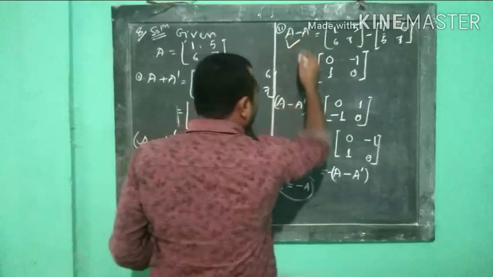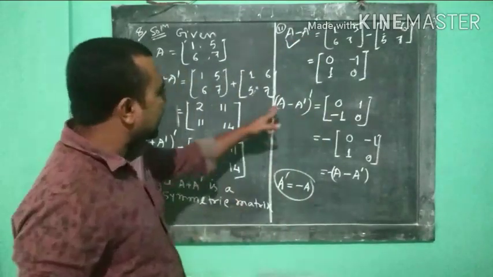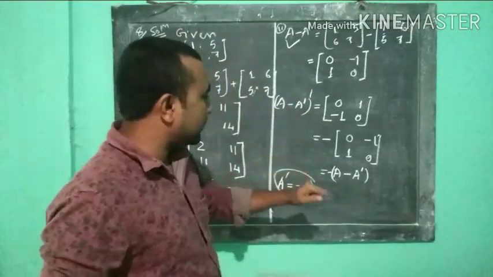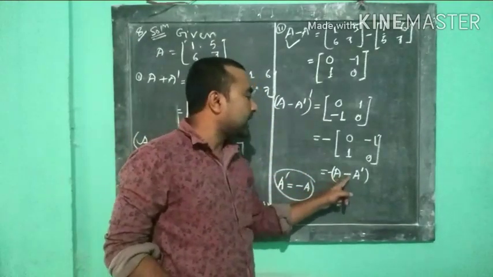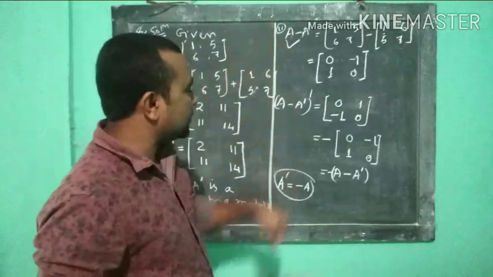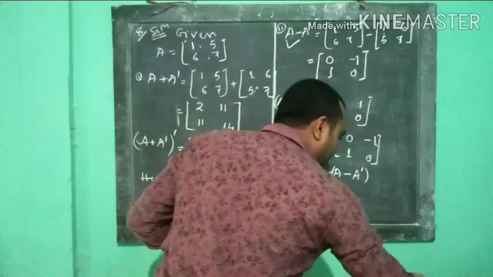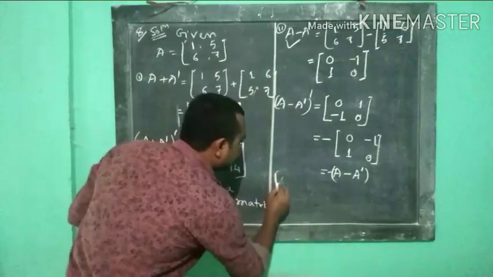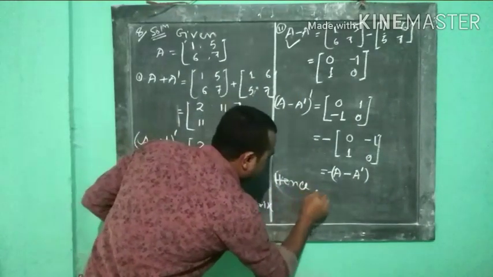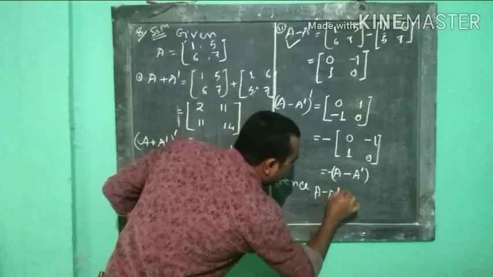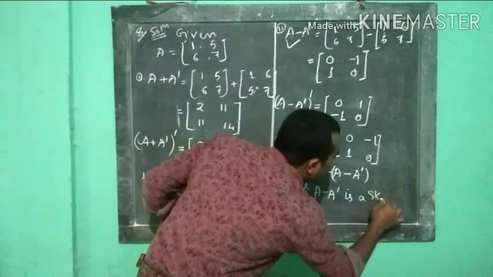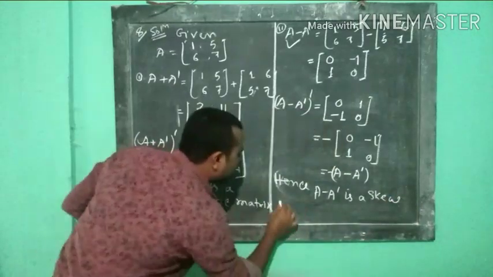Here also, A minus A transpose, whole transpose equals minus of A minus A transpose. So the condition is satisfied. Hence, A minus A transpose is a skew symmetric matrix.